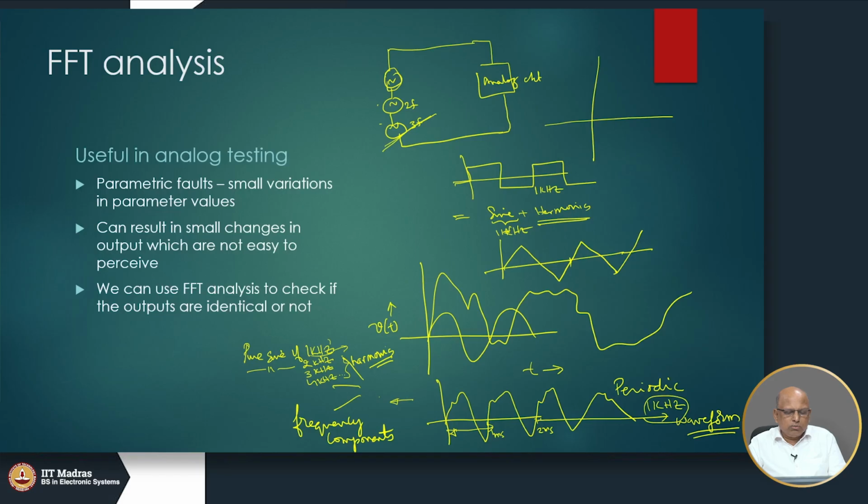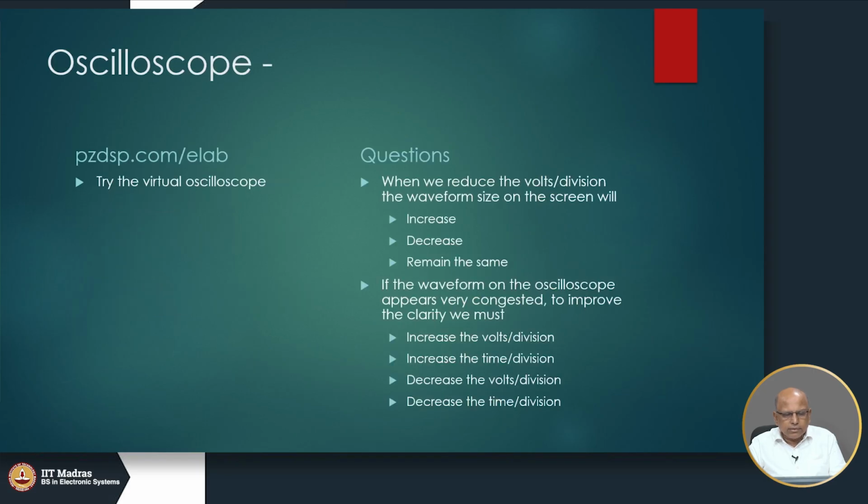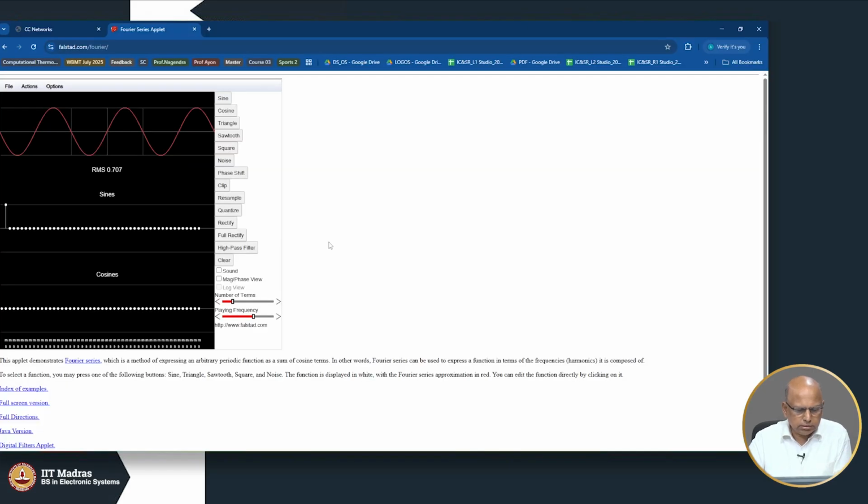So, this will result in small changes in the output which are not easy to perceive by looking at the waveform. But if you perform the FFT analysis, then it will clearly show you what are the frequencies which are present in the output. Okay. What is the main frequency, what are the harmonics, all that will be clearly shown. So, distortion, for example, will be clearly visible in the Fourier analysis. Okay. Okay, let us continue.